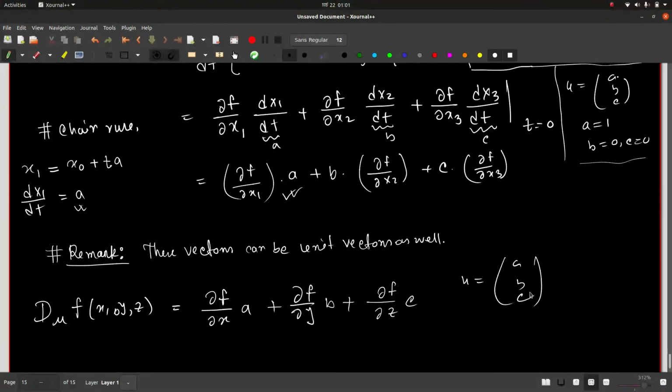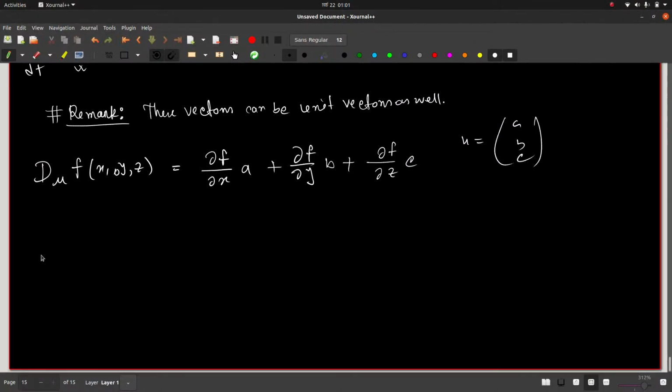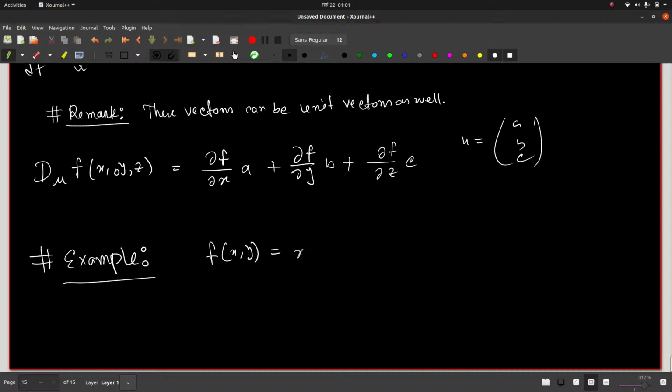But let's now try to do a numerical example of these directional derivatives. So let's consider an example. In our example our function is just a 2-variable function given by x cubed minus 3xy plus y squared.